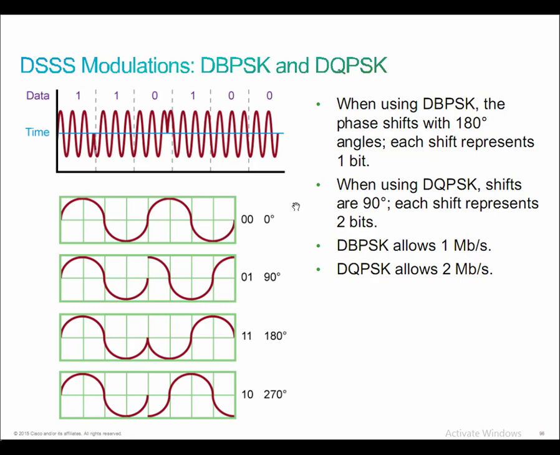Okay, so we're able to represent twice as much data with a single waveform, if that makes sense, rather than doing just binary, where we're shifting the phase 180 degrees to represent a single bit. We can look at the signal over a longer period of time to represent 2 bits, and that's how we get that additional throughput.